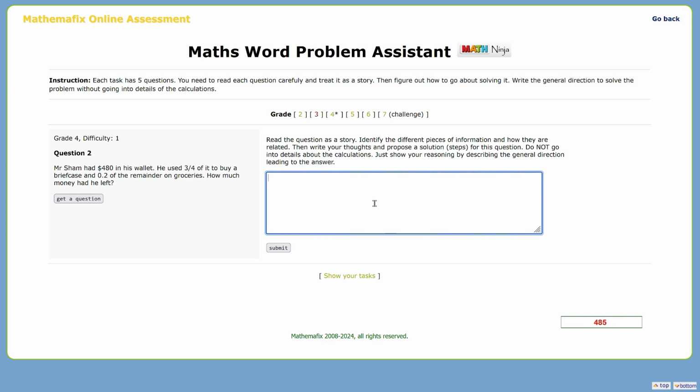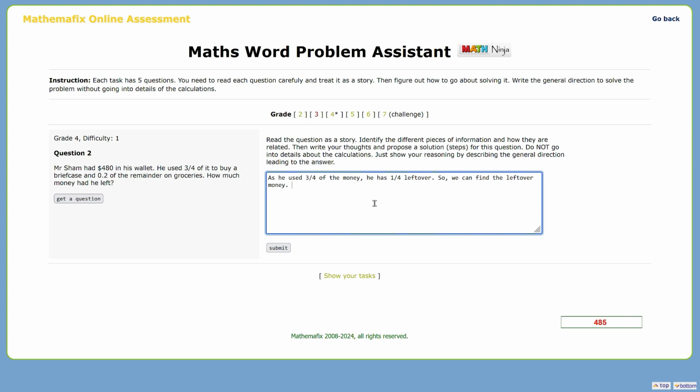So we say as he used 3/4 of the money, he has 1/4 left over. So we can find the leftover money. Now after that, he used some more.